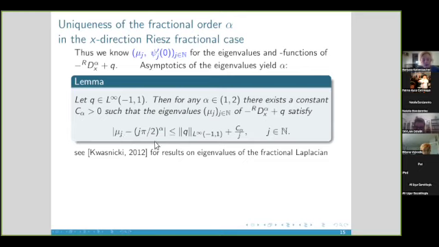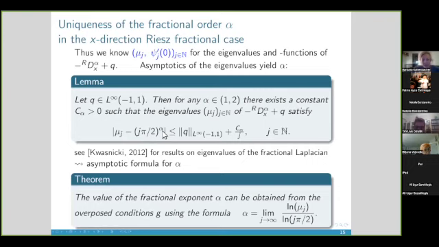And so on the other hand, taking the log, clearly because we want to have the exponent, taking the log of mu j and dividing by the log of this one just gives our alpha, at least in the limit as j tends to infinity. So actually what we really need is not all these values, but just its asymptotics. How fast do they decay, how fast do they increase, of course, as j tends to infinity.